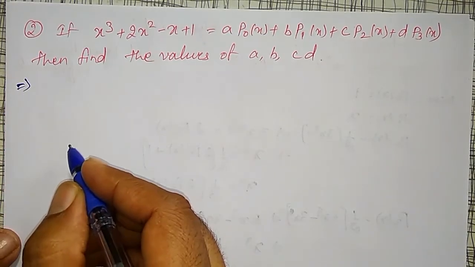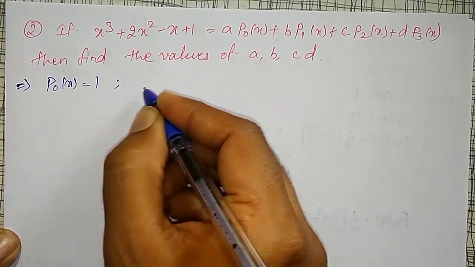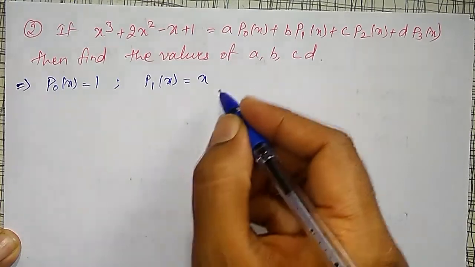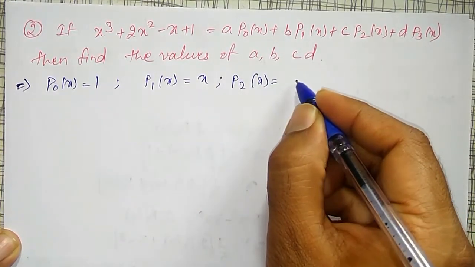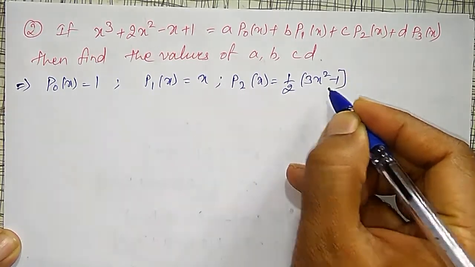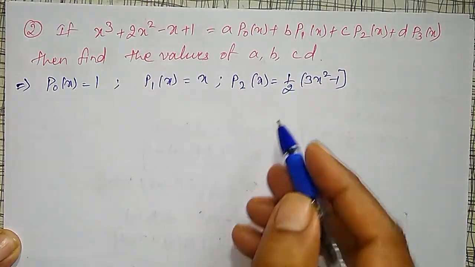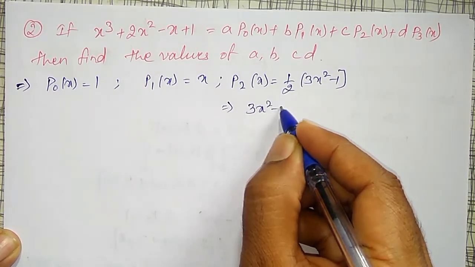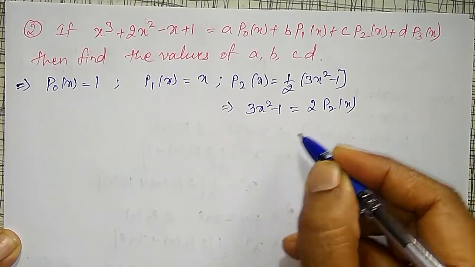We already know the Legendre polynomials. P0 of x is equal to 1. P1 of x is equal to x. P2 of x is equal to 1 by 2 times (3x square minus 1). That also I know, but I want the reverse: x square. Solving this, 3x square minus 1 is equal to 2 times P2 of x.